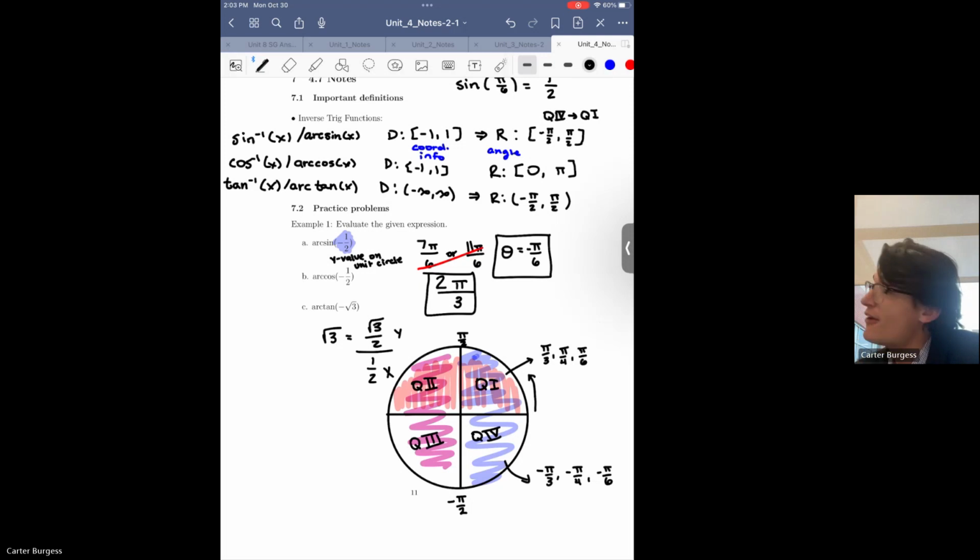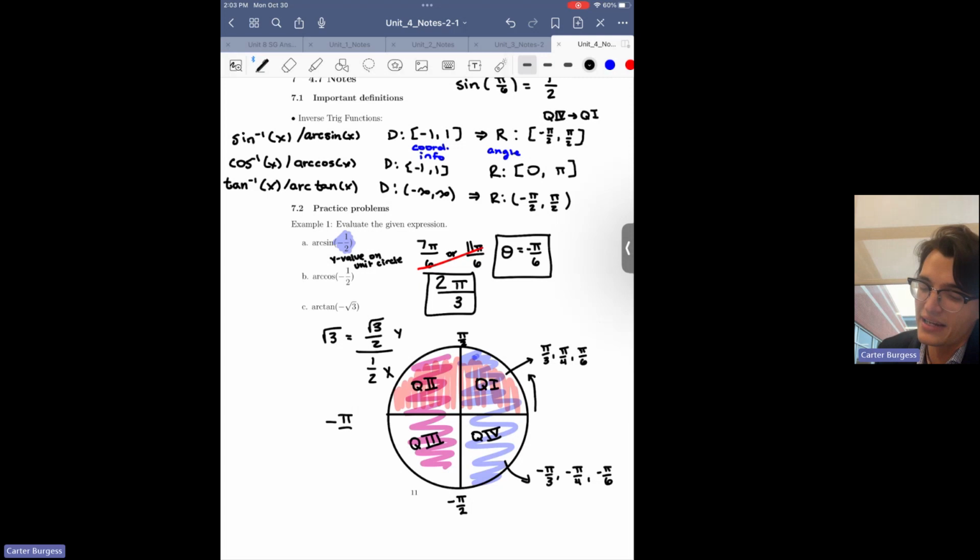5 pi over 3, because quadrant 4, except instead of 5 pi over 3, how are we going to write it? Negative pi over 3. So correct quadrant, correct angle, but we want to write the negative pi over 3 version rather than the 5 pi over 3 version.